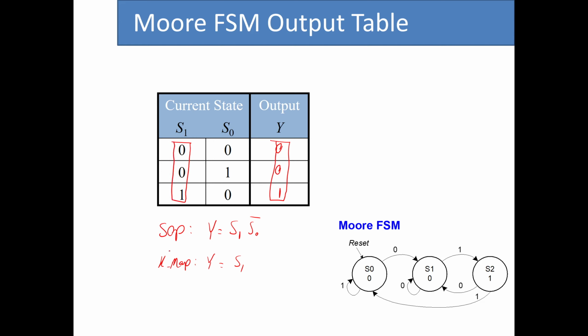So again, this sum of product form is the most straightforward way without any simplification. If you use the K-map, you can get the most simplified equation as well. So these were the sets of equations for the output logic unit and the next state logic unit for the Moore FSM.